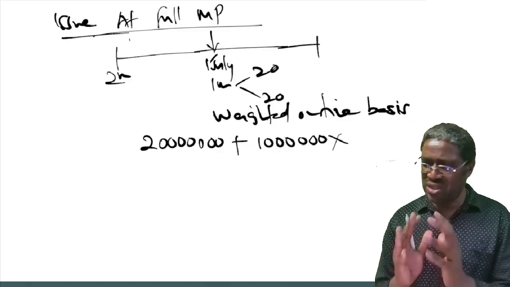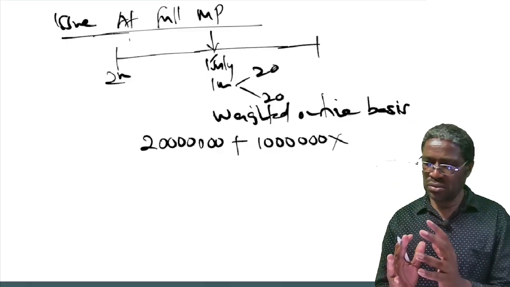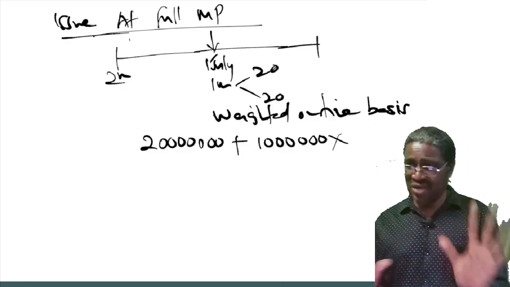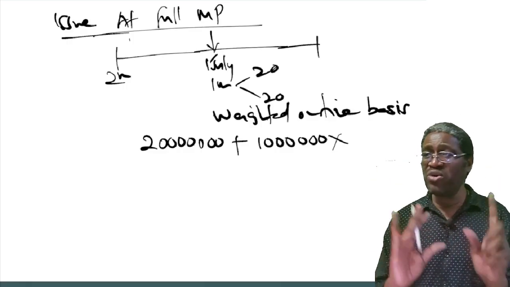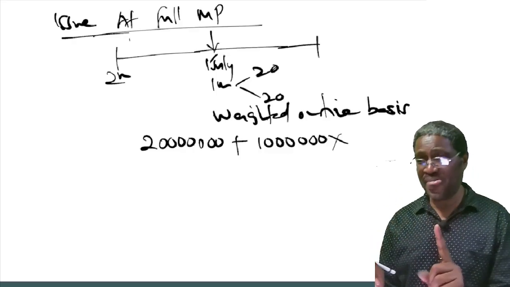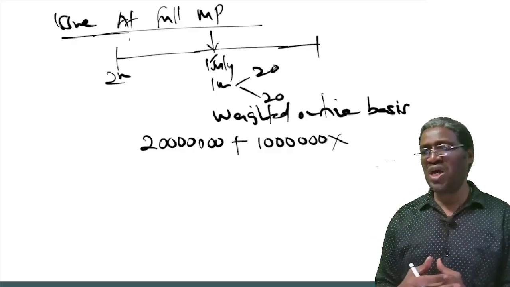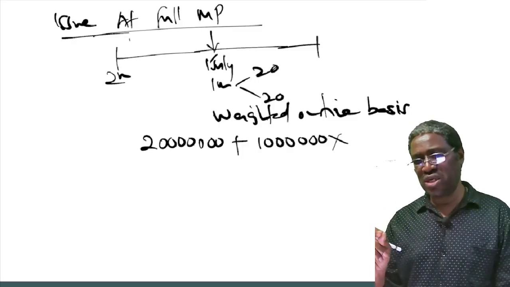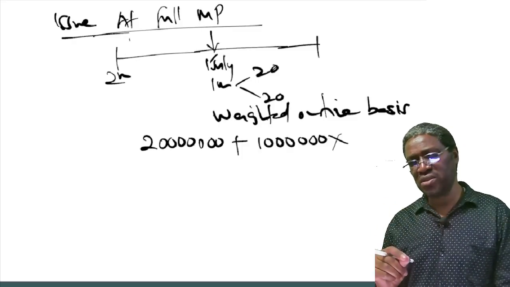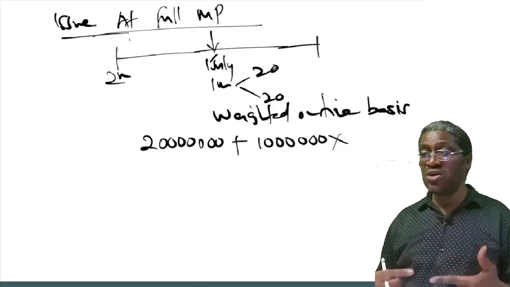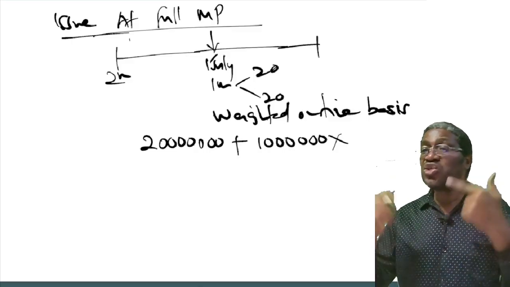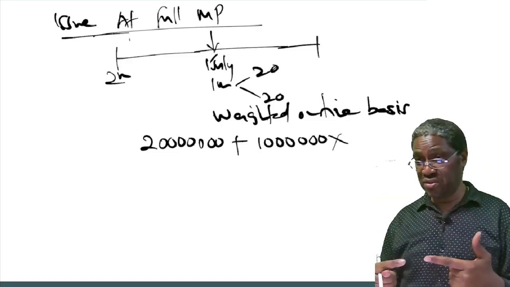The argument is this. Listen to the argument. I'm only giving the argument why we multiply by the time adjustment factor. On 1st of July, I issued 1 million shares at a market price of 20. So these shareholders gave me an amount of 20 million. As a company, we received 20 million shillings.